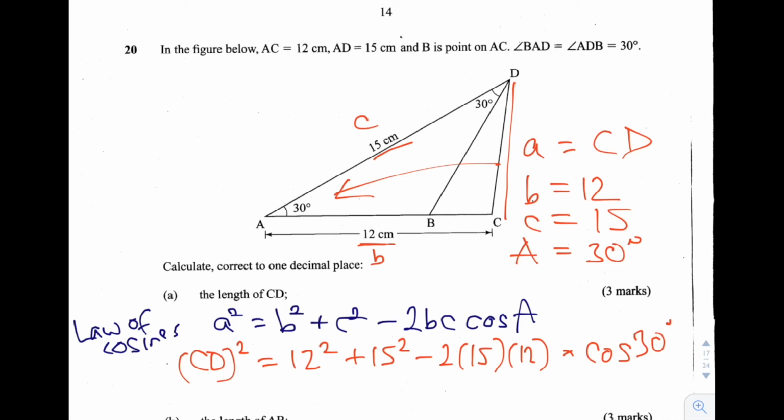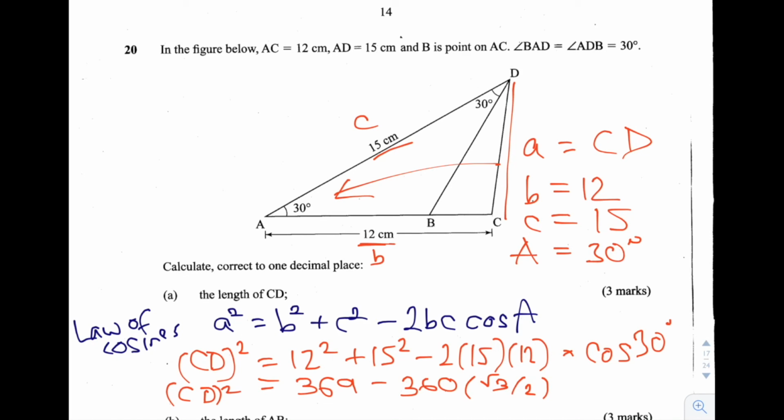So 12 squared is equal to 144, plus 15 squared, which is 225, is 369. And then we subtract 2 times 15 times 12, that is 360, multiplied by cos 30. Cos 30 is the same as the square root of 3 divided by 2, so multiplied by root 3 over 2. So that is what CD squared is equal to.